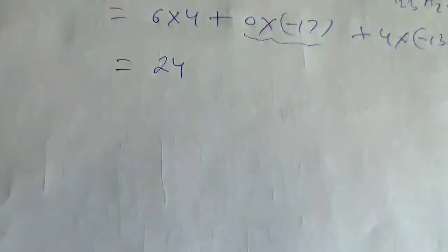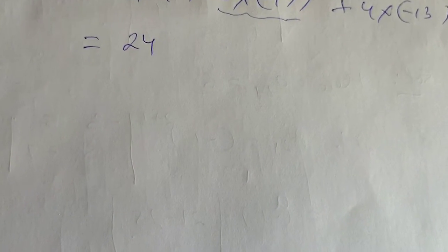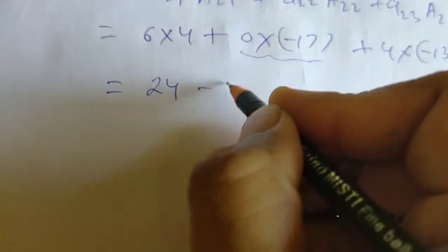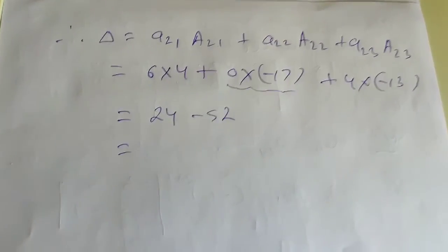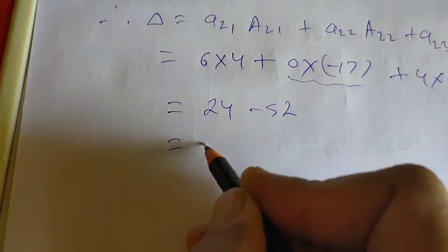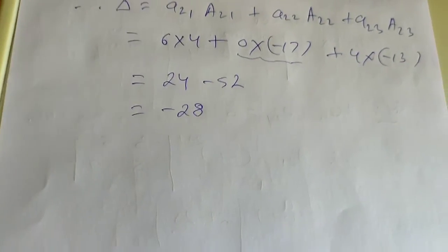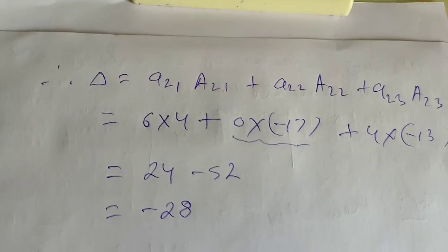Then we have 4 into minus 13, that is 24 minus 52. So 24 minus 52 will give us minus 28. Therefore, the value of the determinant is minus 28.